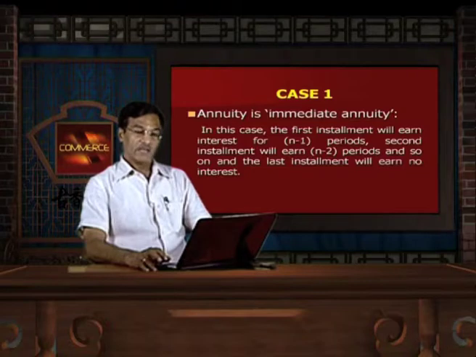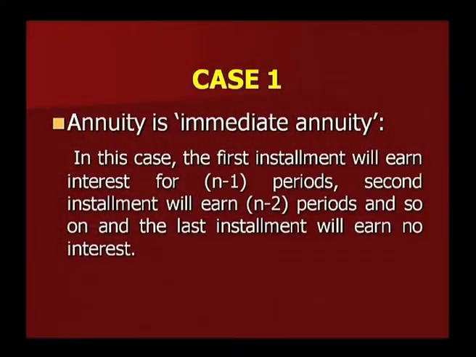Case 1, annuity is immediate annuity. In this case, the first installment will earn interest for n-1 periods, the second installment for n-2 periods, and so on. The last installment will earn no interest.